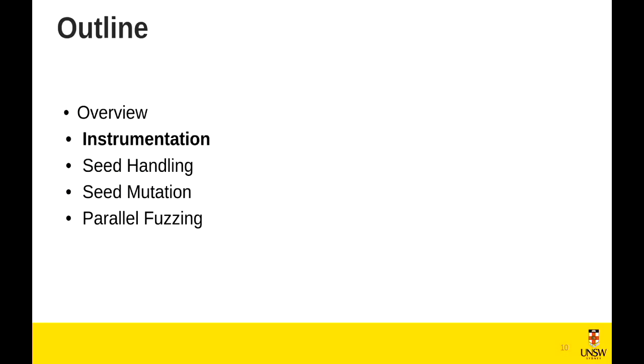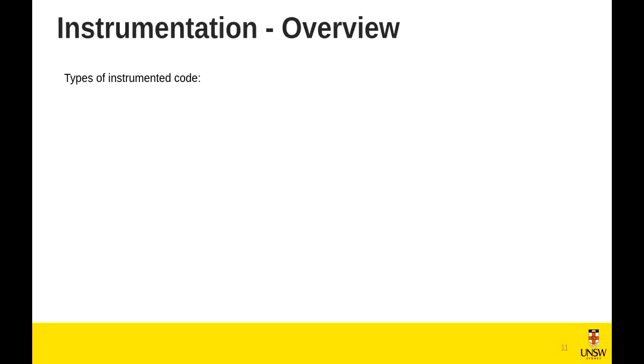And that's all about the background and overview of AFL. Let's have a look at the key mechanisms or key components. The first key component we care about is instrumentation. There are actually two types of instrumented code. Let's first think about why we want to inject code into the target.